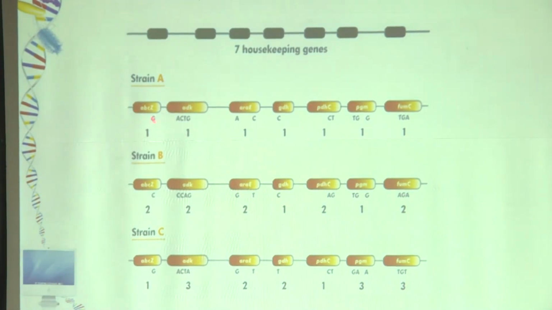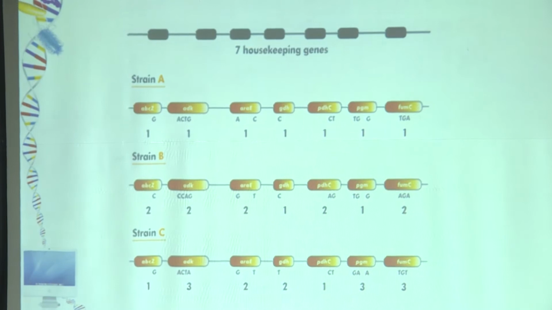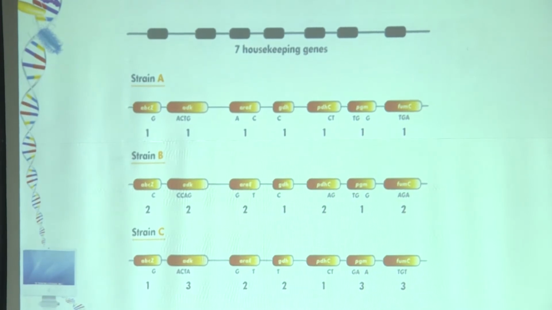Instead of G, they found C. So they made a multiple alignment again. It is the same multiple alignment. Instead of G, they found C. Rest all same. So instead of assigning the number 1, they assigned the number 2.